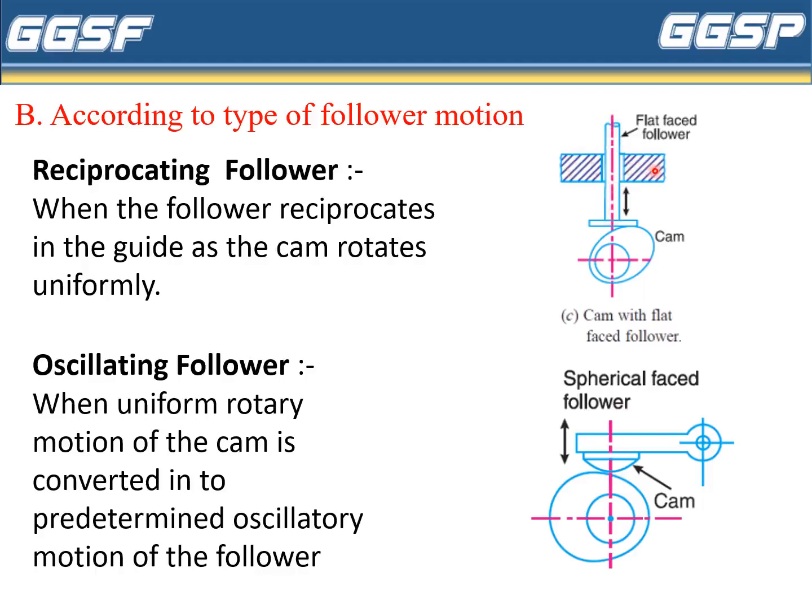Hence it is called a reciprocating follower. Whereas oscillating follower, if you observe that when a uniform rotary motion of the cam is converted into predetermined oscillatory motion of the follower, then the follower is called an oscillatory motion follower. मतलब when the cam rotates, the follower oscillates at this point. Hence it is called an oscillating follower.